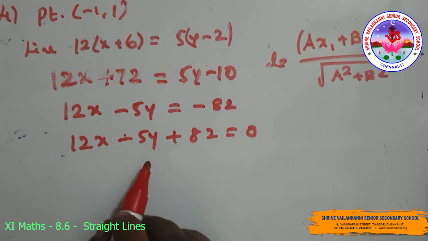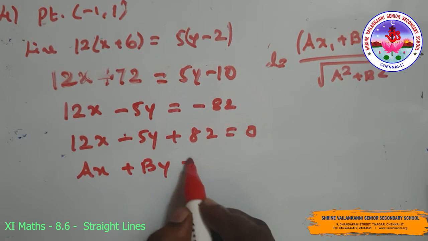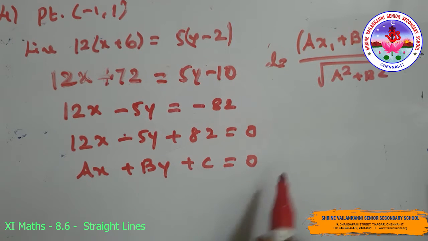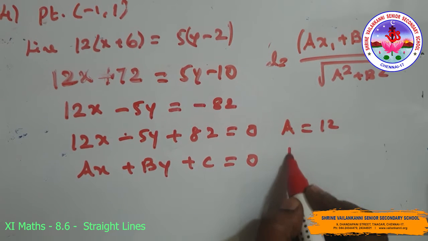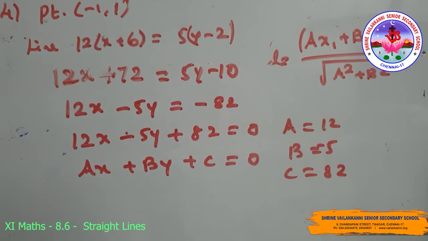Compare this equation with the general equation of the line ax + by + c = 0. Here a is 12, b is -5 and c is 82.